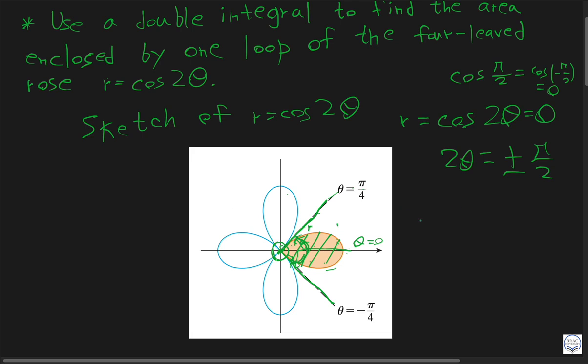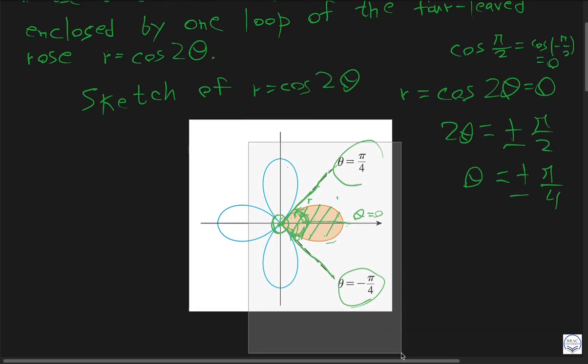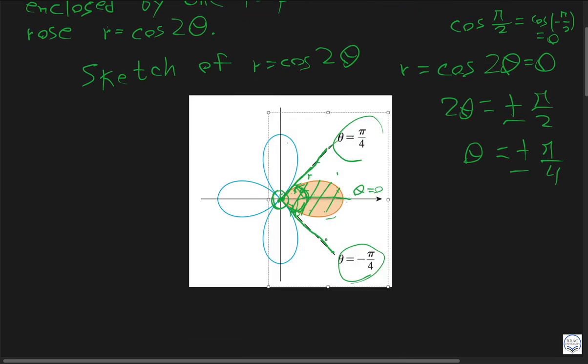As we solve this, we will get theta equals plus minus pi over 4, which is precisely these two angles, and at these two angles we can see from this graph even that we're at the origin, or we're at 0. So this gives us the limits by which our angle varies.